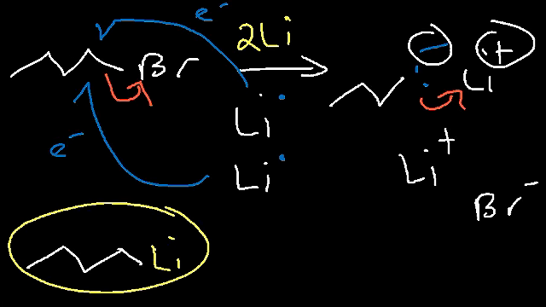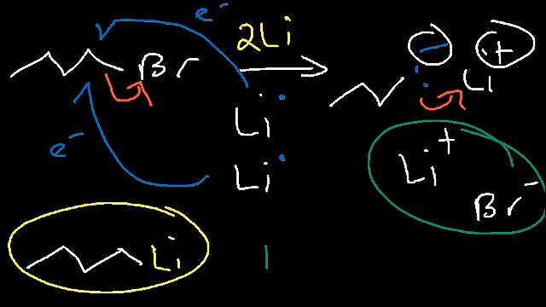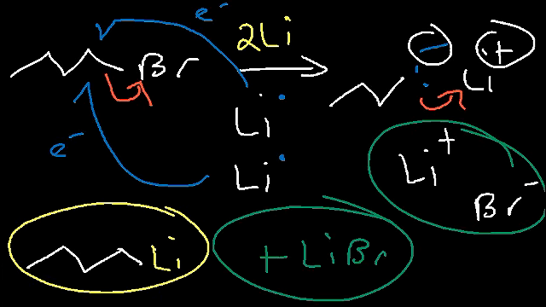Notice that there's only 1 lithium atom attached to it, but no bromine atom. Now, these 2 can get together and form an ionic bond. And so these are the products of this reaction. So this reagent, I'm going to represent it as RLi.